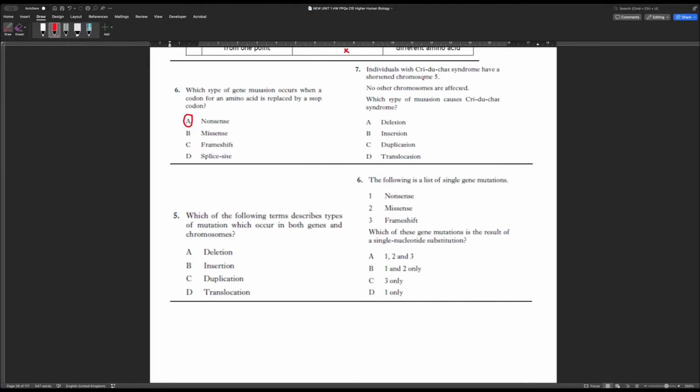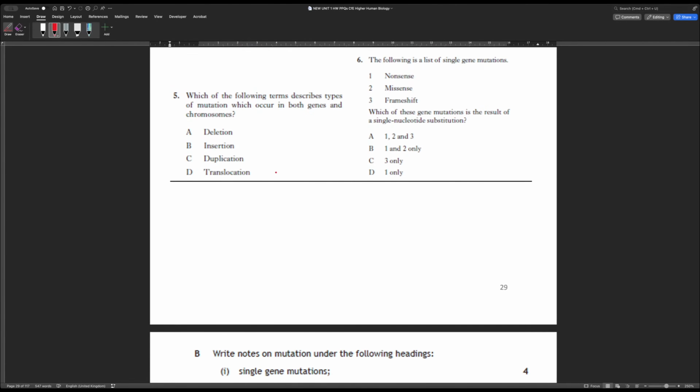So shortened chromosome 5 means it has had part of its chromosome deleted. And that part has not gone to any other chromosome because it says no other chromosomes are affected. So this has to be deletion. If it said that another chromosome had become longer, then we might be thinking translocation, or if it said a homologous partner, we'd be thinking duplication. But because no other chromosomes are affected, it's got to be deletion there.